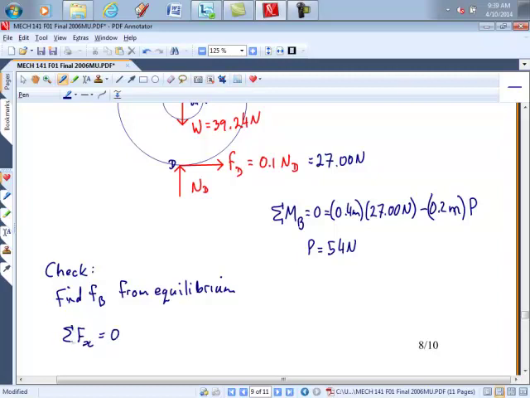It's our last equation. Forces in the x, I've got 27. I've got 54. And then I've got in the negative direction, F sub B.